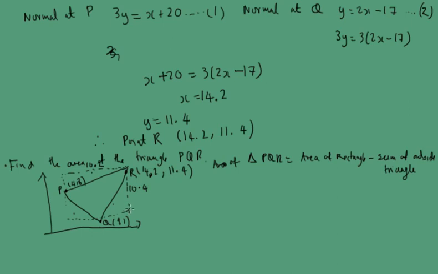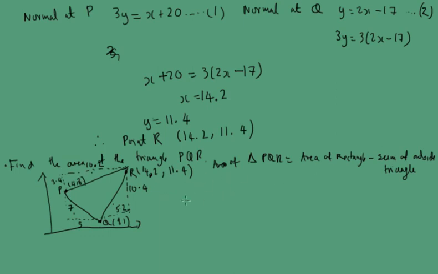If this is 14.2 and this is 9, 14.2 minus 9 would give us 5.2. If this is 9 and this is 4, this length must be 5. For this one, if this y coordinate is 8 and this is 1, this must be 7. If this y coordinate is 11.4 and this is 8, this must be 3.4, and we already know this length.